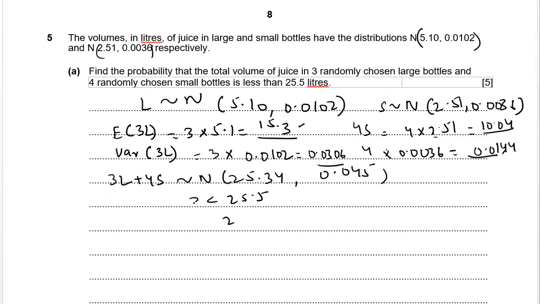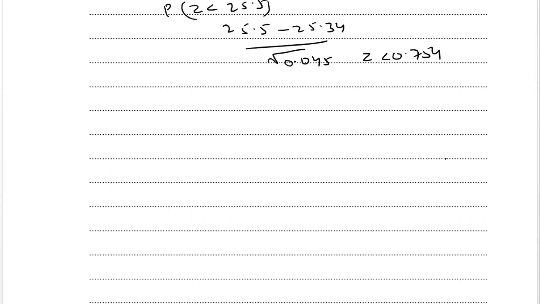So Z is less than 25.5 minus 25.34 upon root 0.045. Z is less than 0.754. Using the tables, 0.754, 0.774.